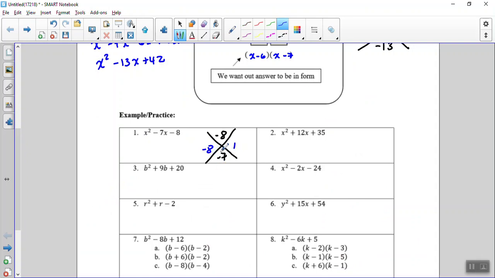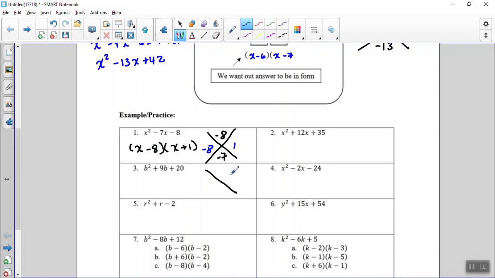Negative 8 times 1 is negative 8, and negative 8 plus 1 is negative 7. Those are my numbers. So to factor this out, I always like to write my parentheses first and write x and x, because that's how you get x squared. And then I just write negative 8, positive 1, and that's my answer.